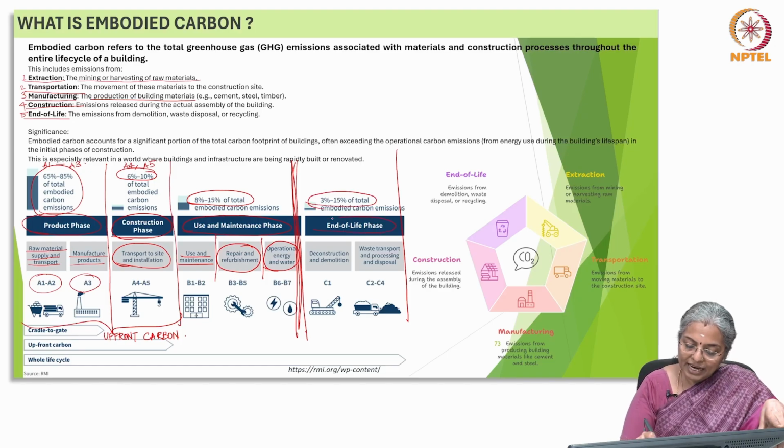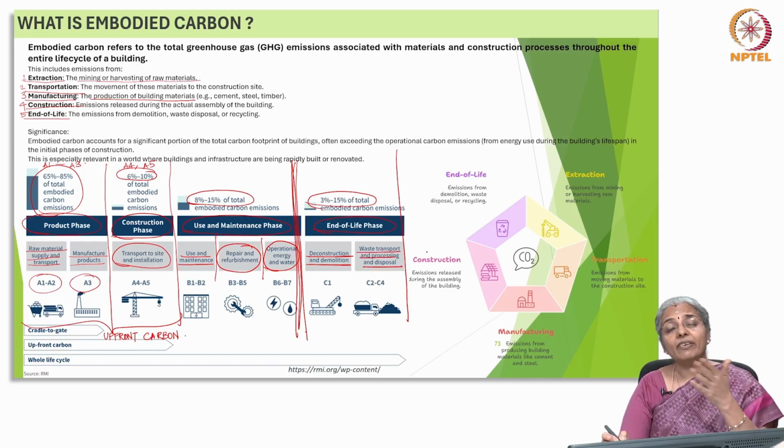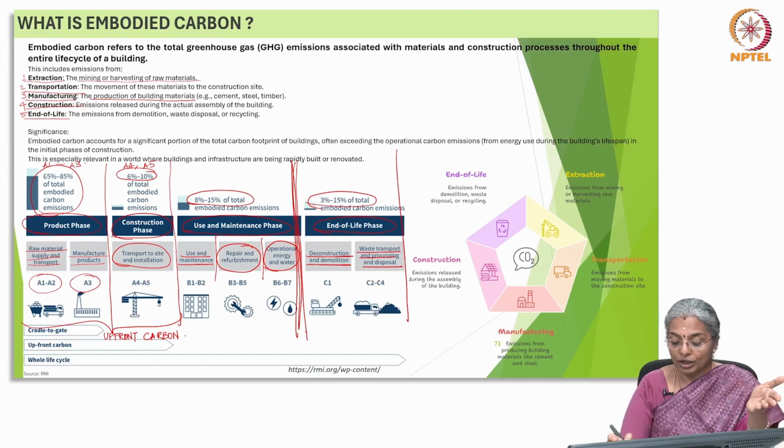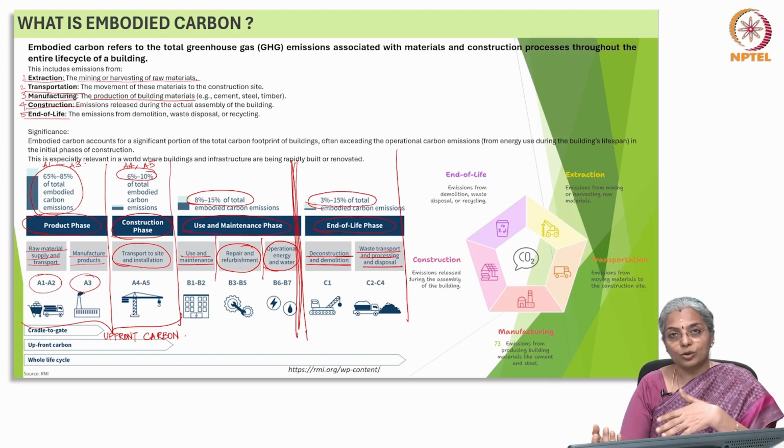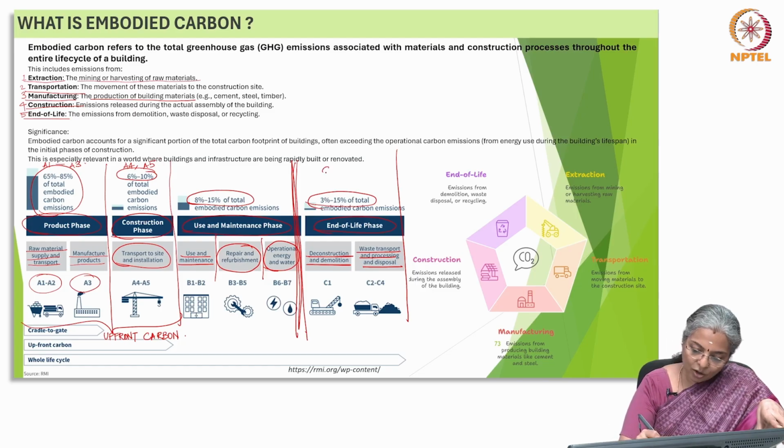This is called the end of life phase, and it involves deconstruction and demolition, and also transportation of the waste building material which is demolished from the site to either the processing plant or landfill, and this is called C1, C2, C3 and C4.